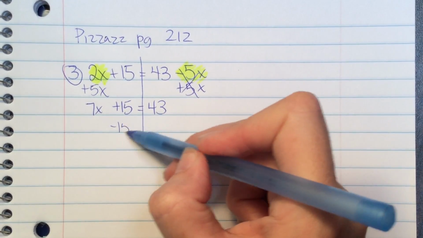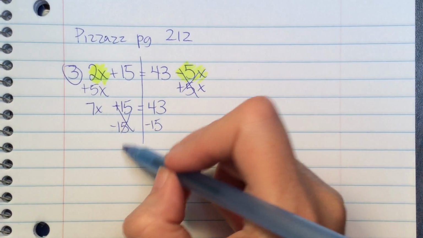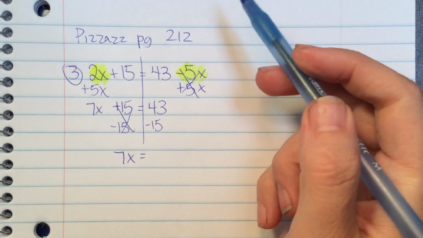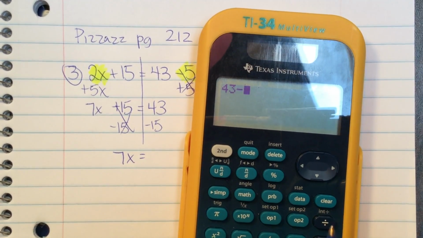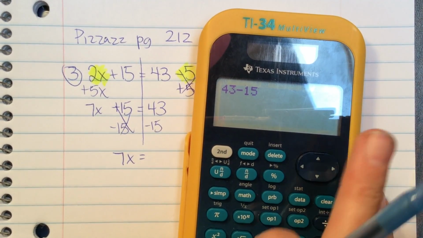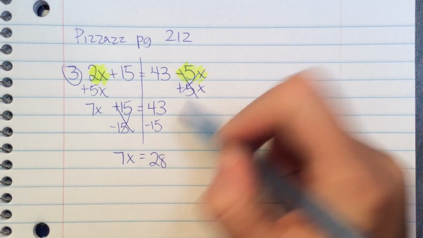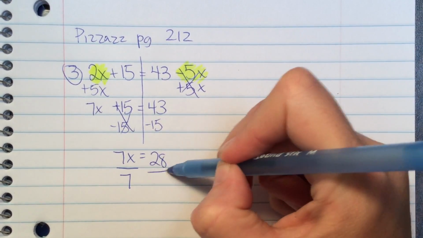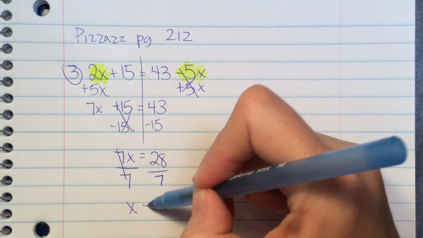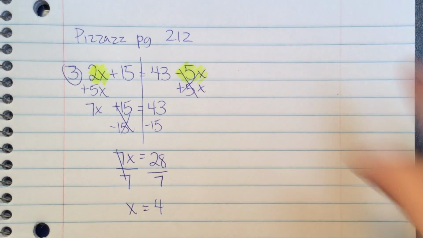So we're going to subtract 15 from both sides, and we get 7x. Well, 43 minus 15 is 28. So 7x equals 28. Then we divide by 7, and 28 divided by 7 is 4.